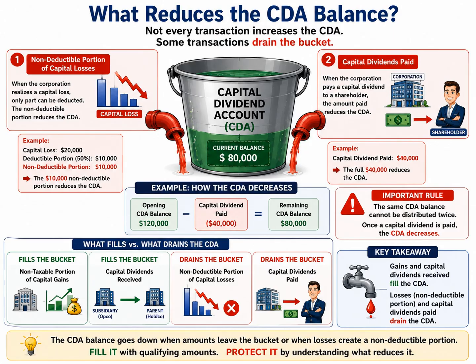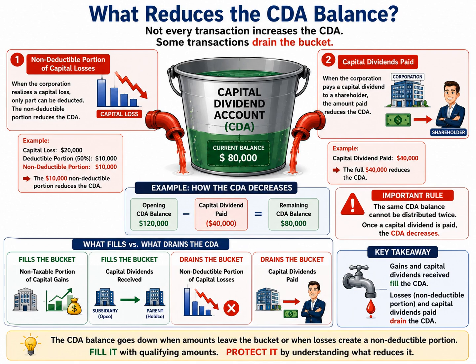The second major reduction is capital dividends paid. Remember, the CDA exists to track amounts that may be distributed tax-free to shareholders. Once a corporation actually pays a capital dividend, that amount is no longer available. As a result, the CDA balance must decrease. For example, imagine a corporation has a CDA balance of $120,000.